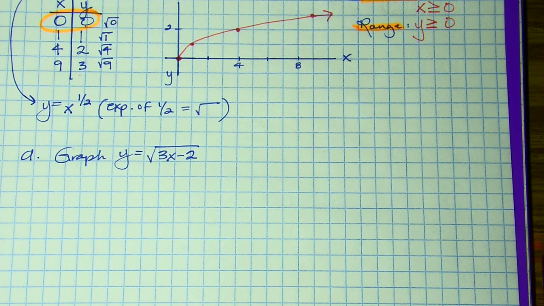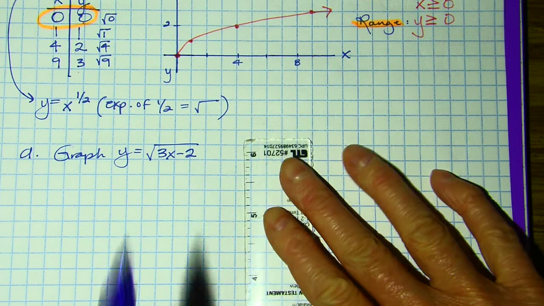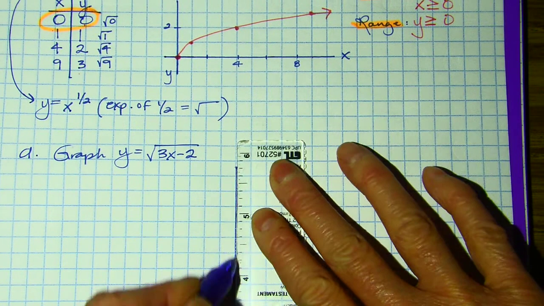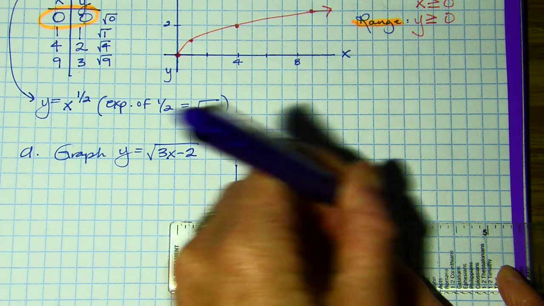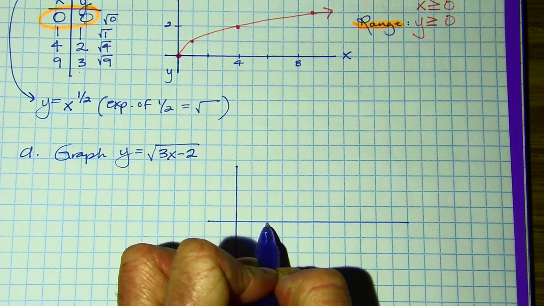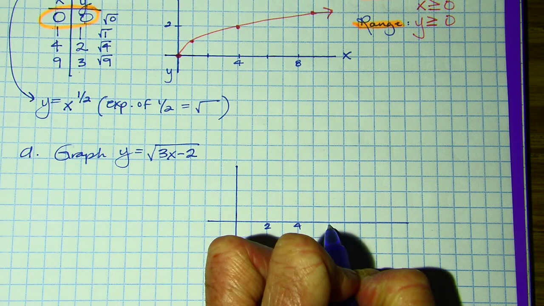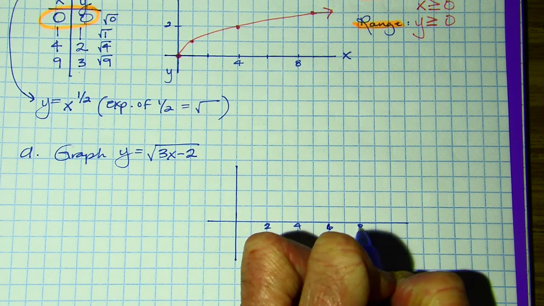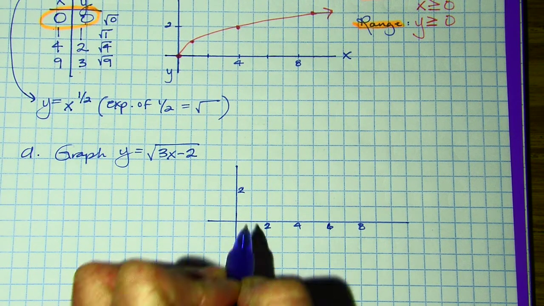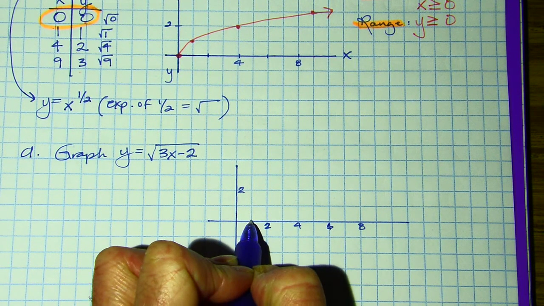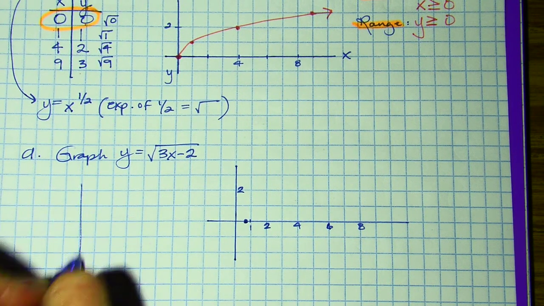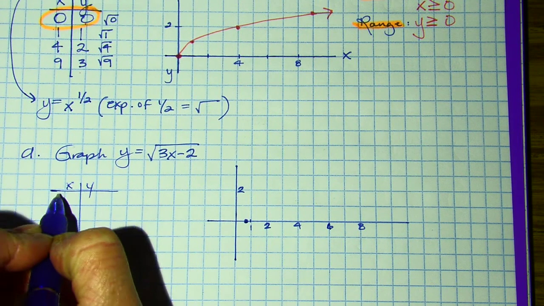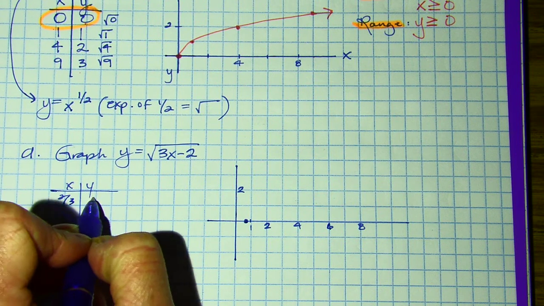So, sorry, where did my ruler go? So here is 2, 4, 6, 8, and here's 2. So at 2/3, so here's 1. So 2/3 would be here. So 2/3 is my first point, and I'm going to record that. That's important because that's going to affect my domain and range.